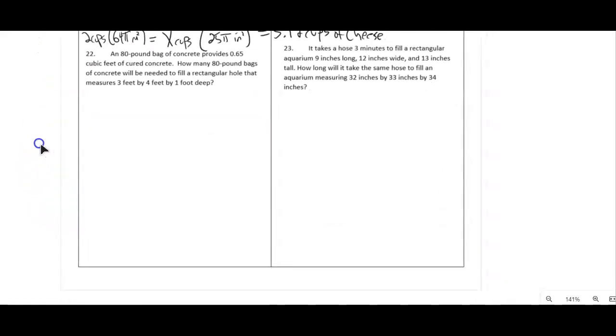For number 22, an 80-pound bag of concrete provides 0.65 cubic feet of cured concrete. How many 80-pound bags of concrete will be needed to fill a rectangular hole that measures 3 feet by 4 feet by 1 foot deep? So we're talking about a rectangular hole. We're going to be filling up a hole with a volume of concrete. Volume is length times width times height.